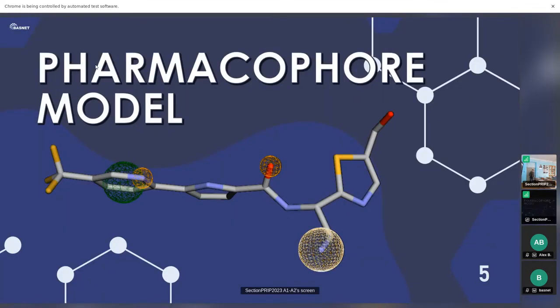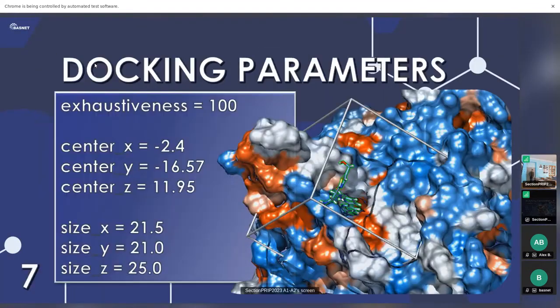After that, we make a docking to estimate the affinity of our compounds for our target. It will be needed in the future to describe how our neural network will work.